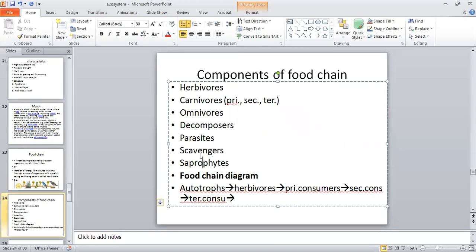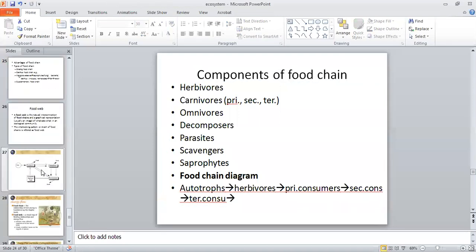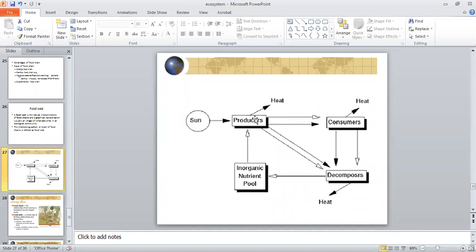Energy stored in the plants is passed along the food chain. So at each transfer, about 80 to 90% of the energy is lost as heat or for the purpose of respiration. You see this diagram. At each trophic level, from the producer when it goes to the consumer, some of the energy is lost in the form of heat, and some of the energy is also lost in the form of respiration.